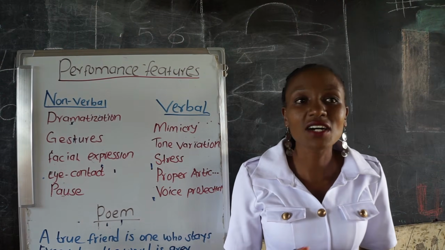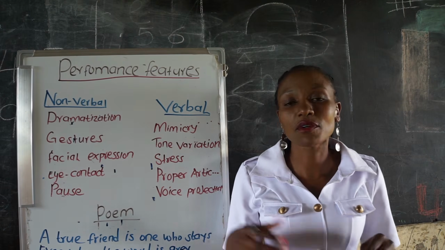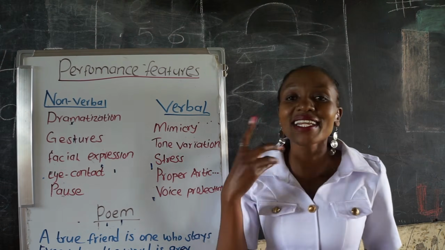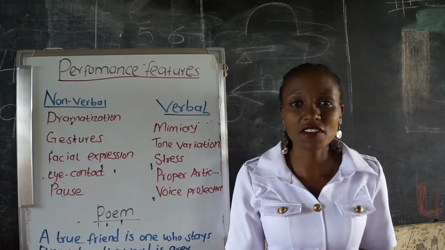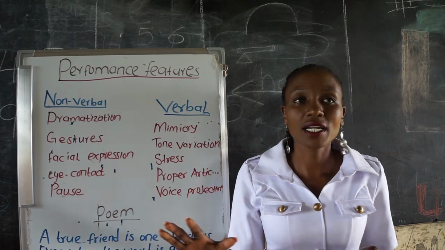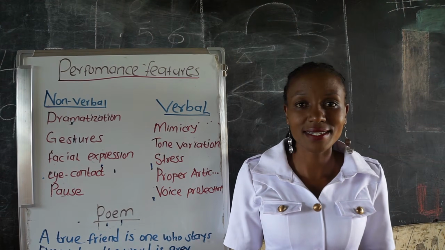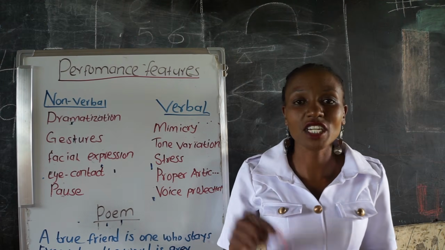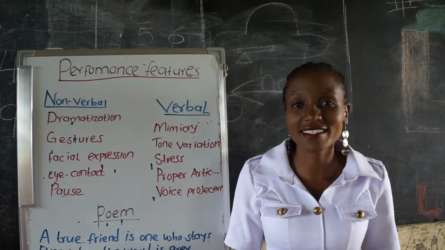You're audible enough, we can hear you. Here, you are articulating your words properly, and we can understand it. We have the mother tongue interference. Sometimes somebody will pronounce a word and you don't understand it. So try as much as you can to be good in articulating these English words.